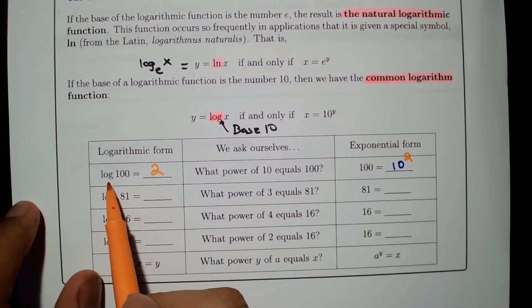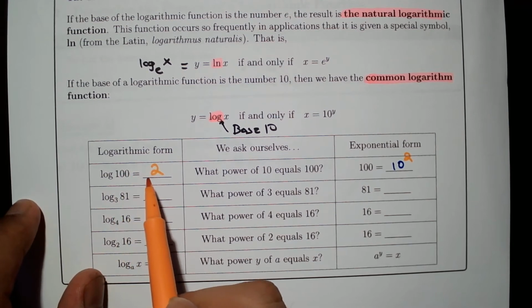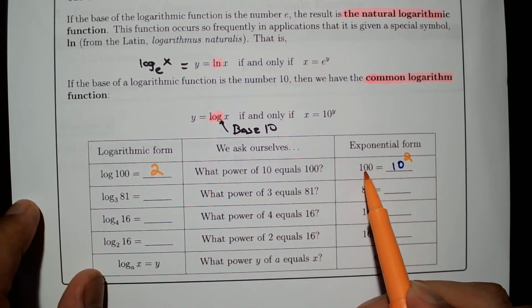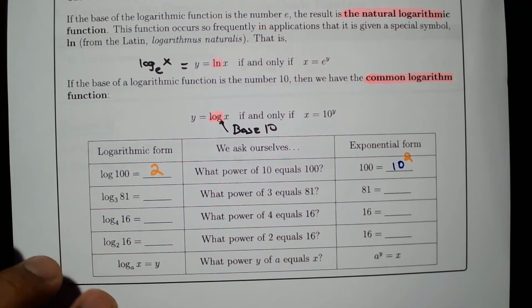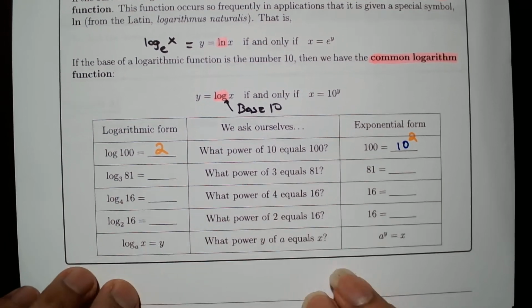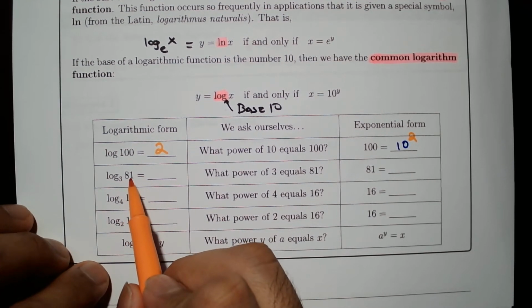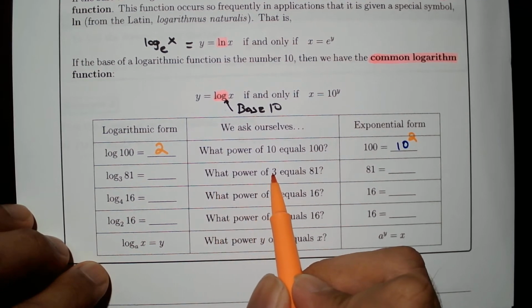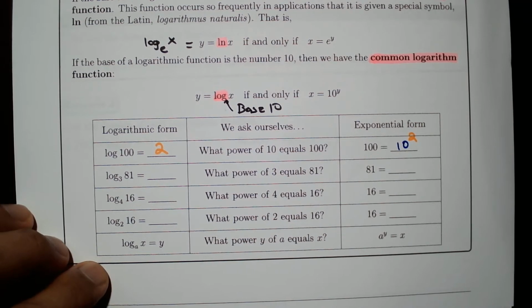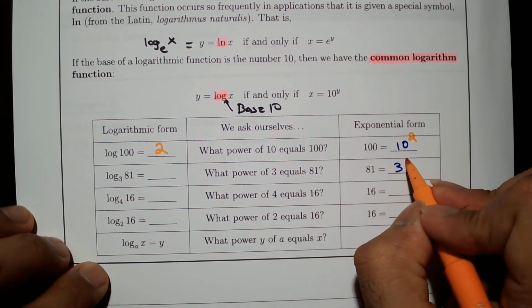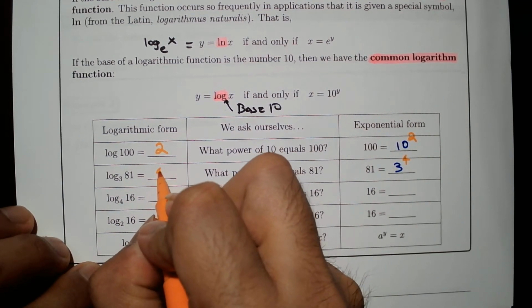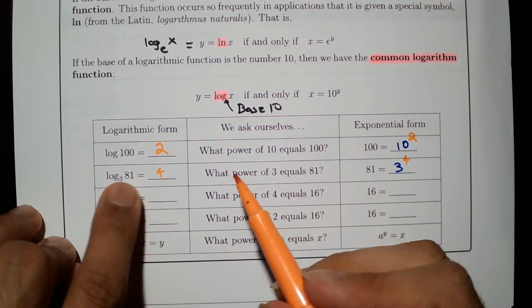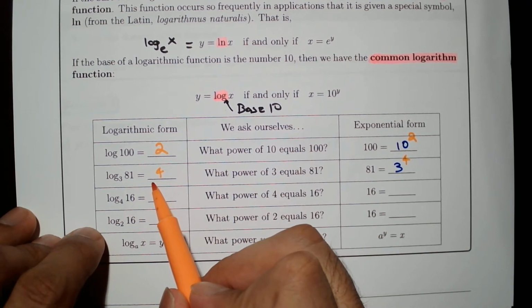So log of 100 equals 2 because 10 to the second equals 100. If we wanted to evaluate log base 3 of 81, we are asking ourselves, what power of 3 equals 81? In other words, 3 to what power equals 81? So in this case, 4. So log base 3 of 81 equals 4.